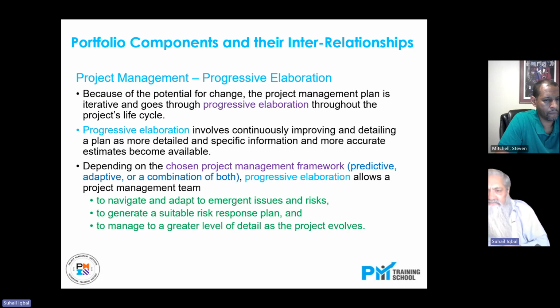At the tactical level, when we start identifying the activities within a project, there are certain activities which can be comprehended, and there are certain activities we don't know about, what they will be or what could be there.